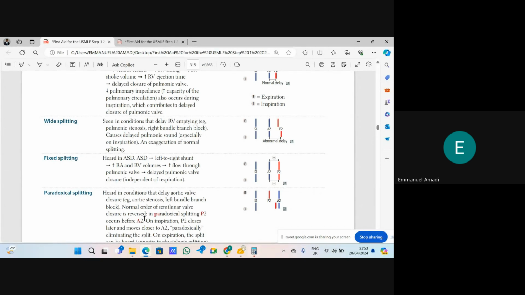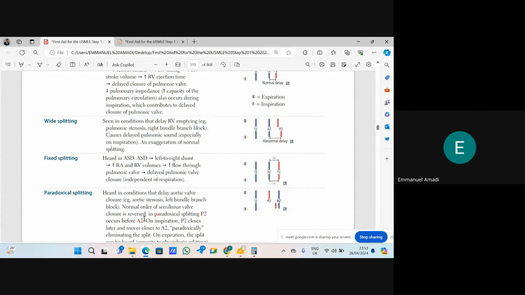Now, there's what they call the fixed splitting. Now, what does the fixed splitting mean? The fixed splitting means you keep hearing that splitting both on expiration and inspiration.